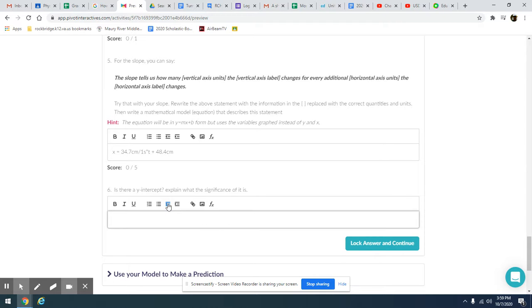Is there a y-intercept? Yes. Explain what the significance of it is.